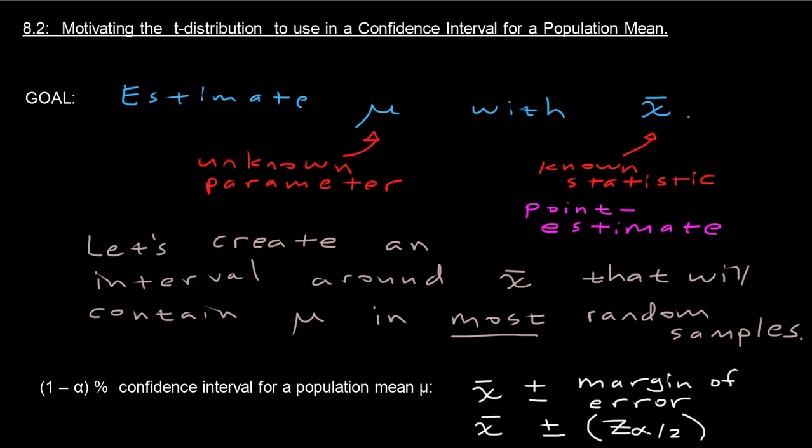Remember, alpha is some area in the tails, and here this is saying, chop it in half because there's two tails. And then that would be multiplied by the standard error, remember this, sigma over square root of n. So that is how the confidence interval is constructed when we know sigma.